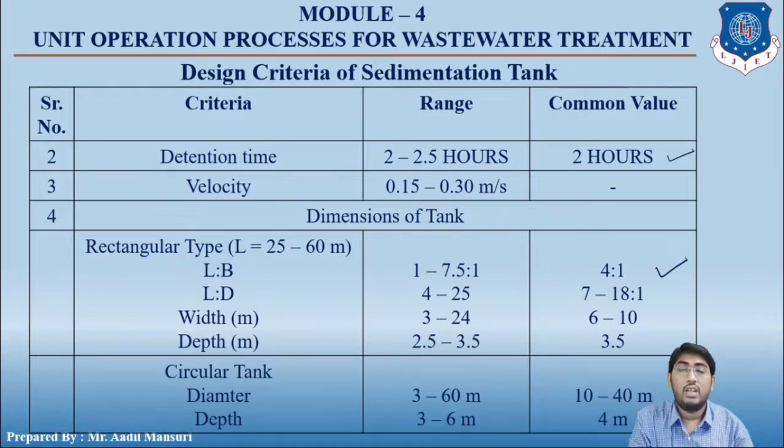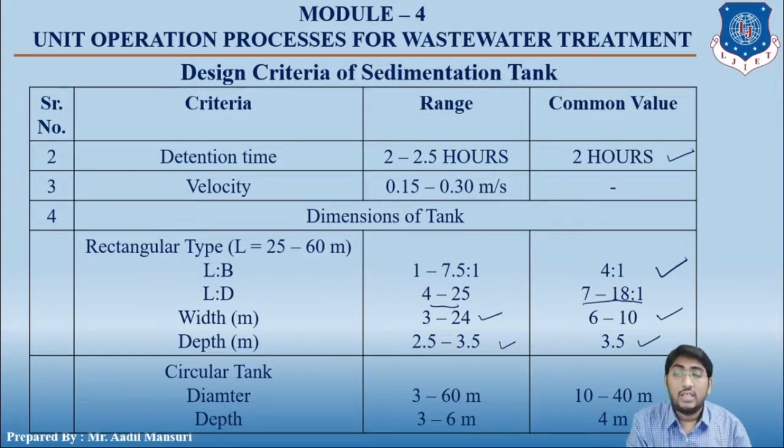Then length to depth ratio is usually 4 to 25, and the common value you can go for is 7 to 18 is to 1. Then width should be between 3 to 24 meters, and the common value you can take is 6 to 10 meters. And depth should be between 2.5 to 3.5 meters, and you can take 3.5 meter.